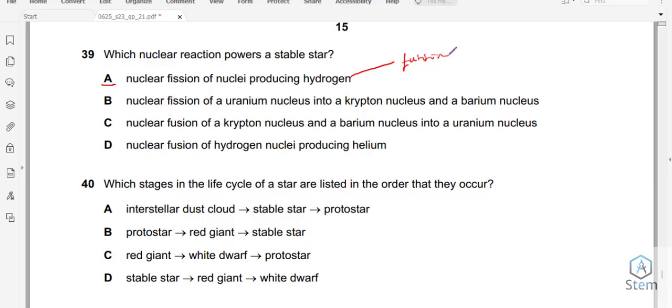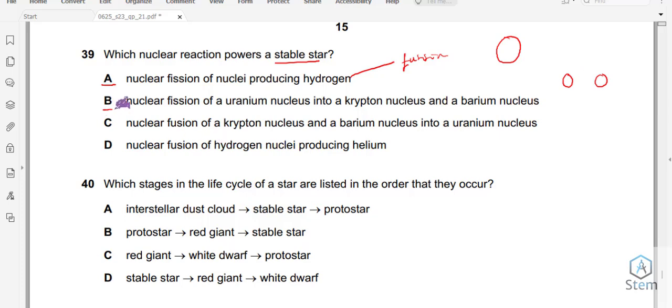Fission is when a bigger unstable nucleus breaks into two smaller nuclei. In stars like our sun, we actually see smaller nuclei coming together to form a bigger nucleus.